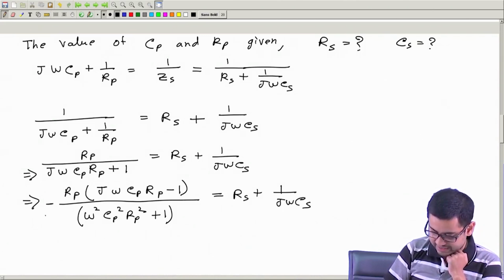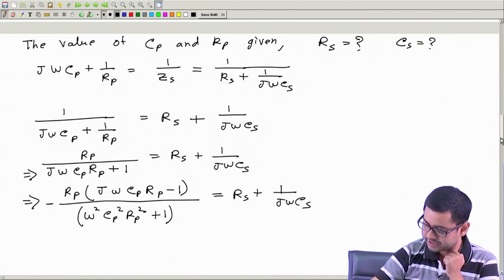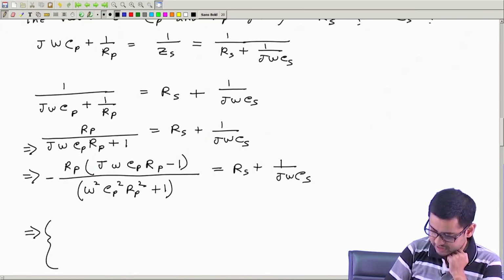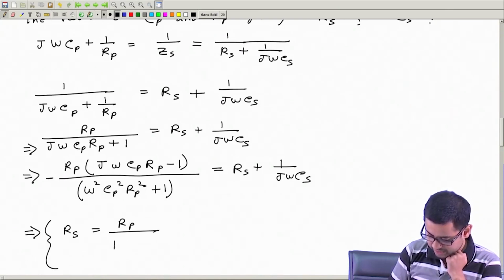Now let's equate the real and imaginary parts. So Rs, this is the real part, will be the same as the real part here, and here the real part is Rp divided by 1 plus omega square Cp square Rp square.